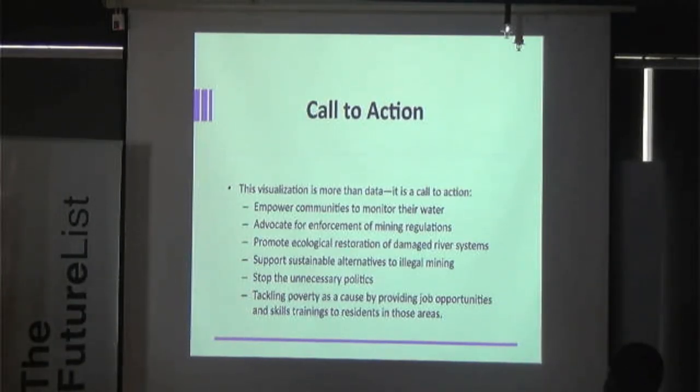Finally, an interview with Cardinal Peter Turkson on TV3 revealed that, from his perspective, poverty is what is driving these people to partake in illegal mining. And so what can we do to help them?